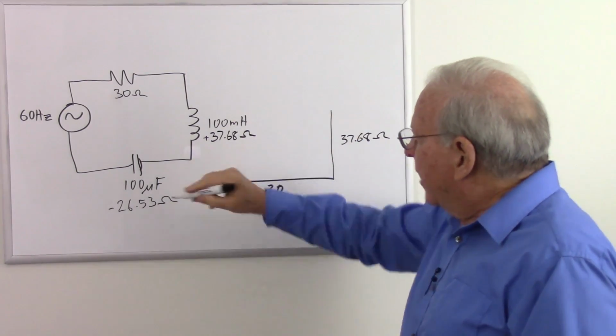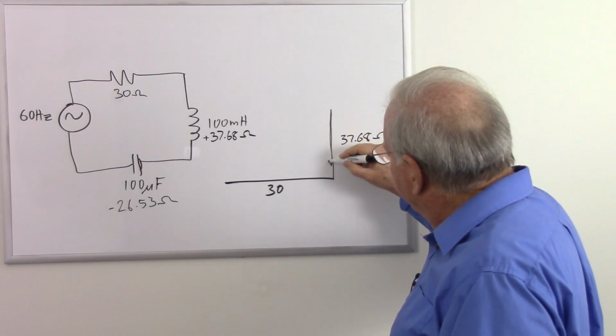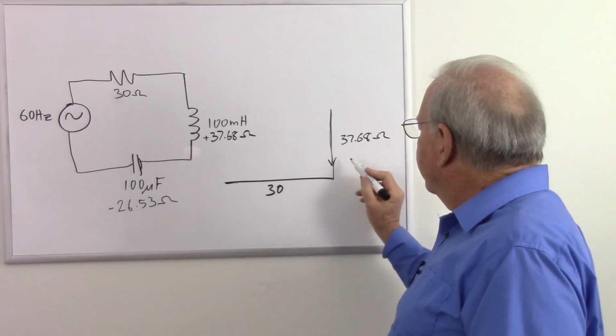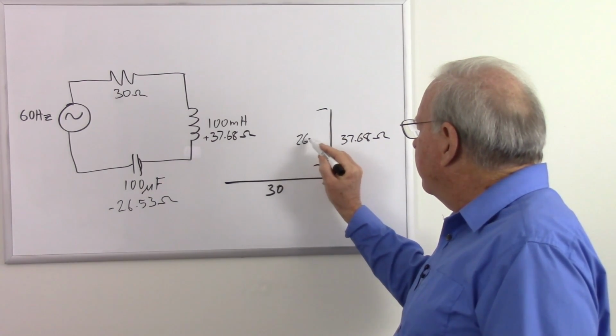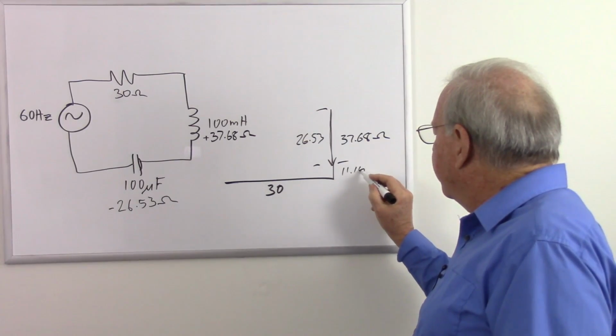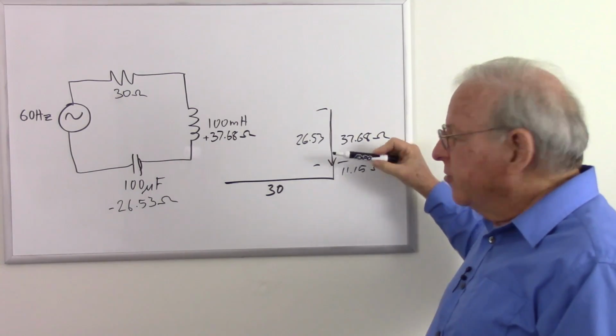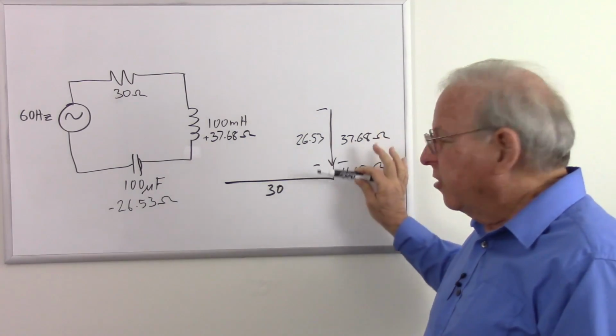And then we subtract our capacitive reactance, 26.53, so we just drop that back down there. So we go up 37.68, then back down 26.53, leaving us with a total of 11.15 ohms. And because the inductive reactance was greater than the capacitive reactance, we have inductive reactance left over.